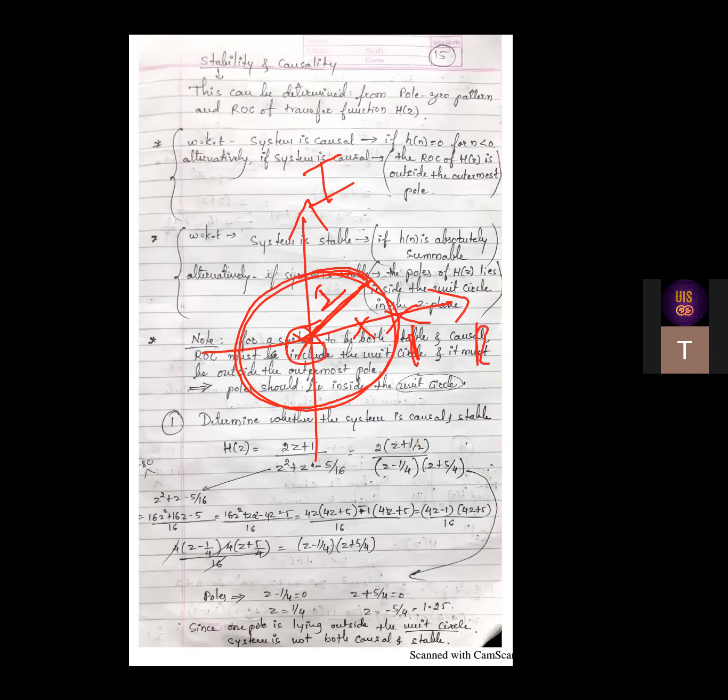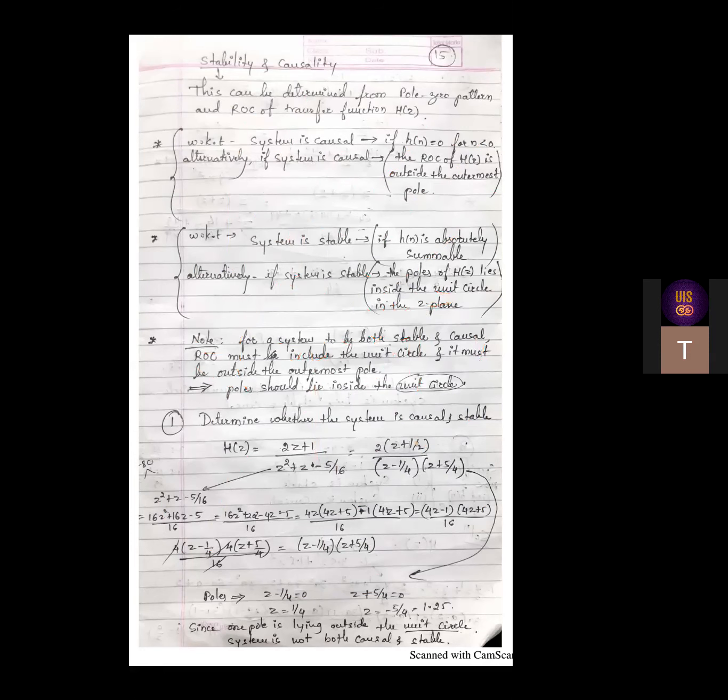This is 0, this is say 0.5, and say this is 1. So what is the maximum value of the pole? You got it as 1. So your ROC should be outside the outermost pole. The outermost pole is 1. Outside that, if this condition gets satisfied, it means that the system is causal. This is the first condition. Individually, to check whether the system is causal or not, this is the condition.